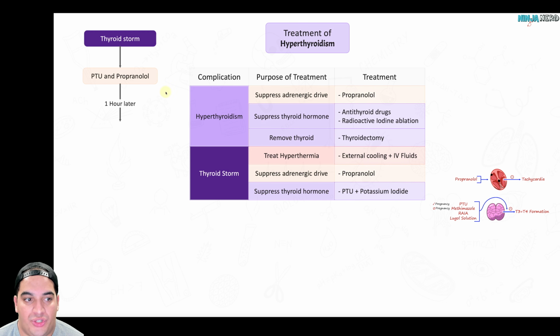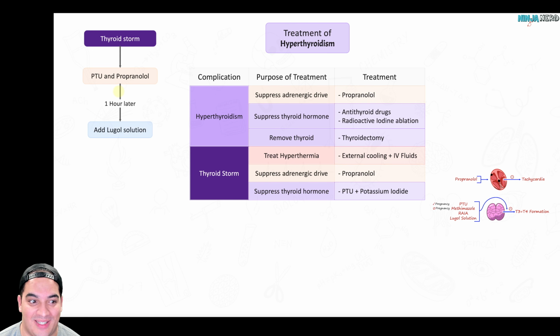Now, what you'll do is, a patient comes in with thyroid storm, give them propranolol to suppress the tachycardia and some of the tremors. Then give them PTU as well. An hour afterwards, the whole reason behind this is that when you give them PTU, you shut the thyroid gland down and say, hey, you're not going to be able to make any thyroid hormone.